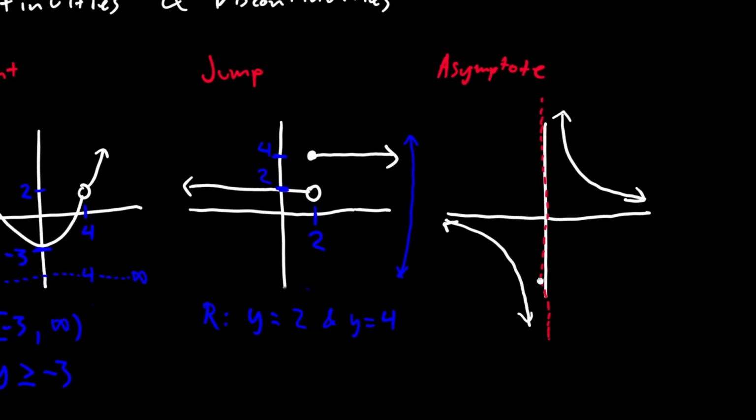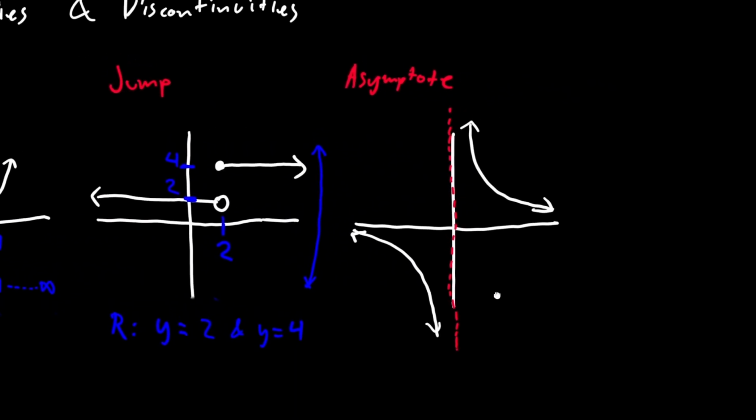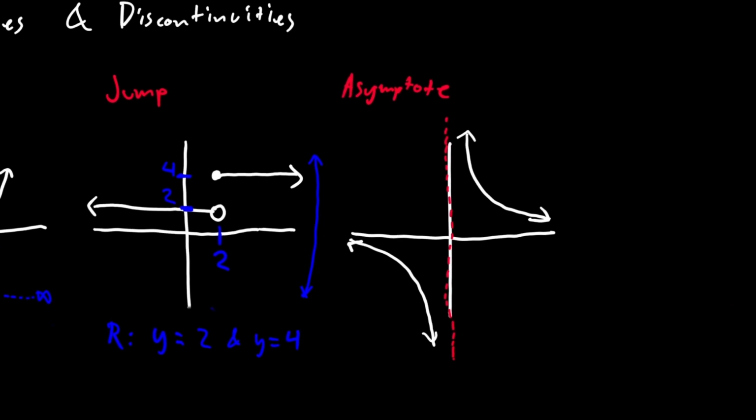Alright, let's look at the last graph right here. For the domain of this graph, we can see that we're going from -infinity all the way to 0, then from 0 all the way to infinity.